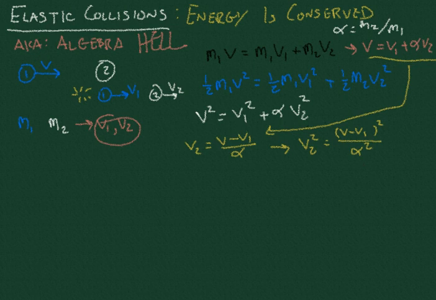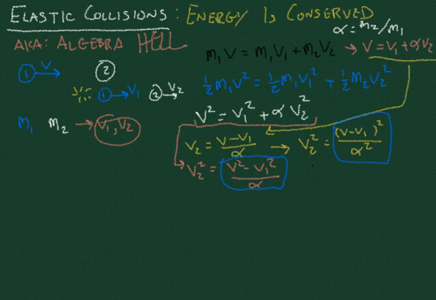However, if we look back at our energy equation, we also see that v2 squared is equal to (v squared minus v1 squared) over alpha. So now we can set this equation and this equation equal to one another. As I said, this was simple enough to set up.